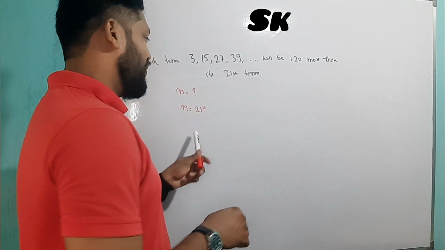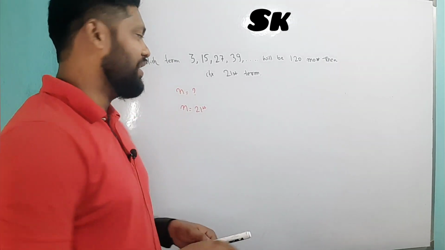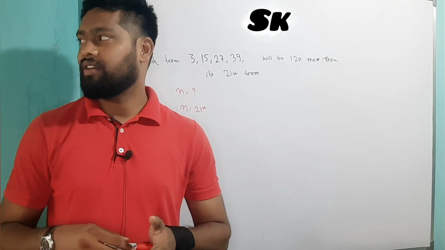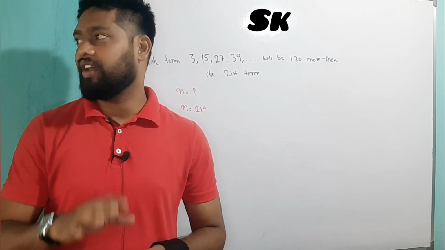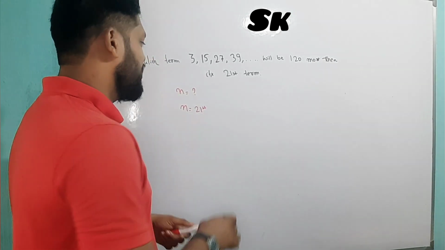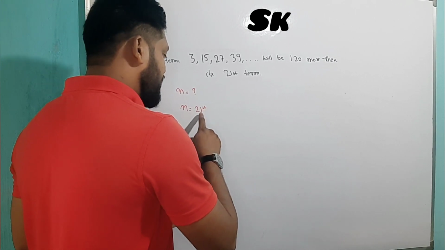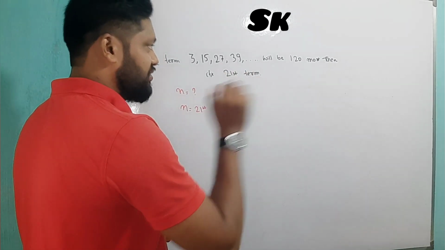But what about this 21st term? What they are saying is that when you solve the question using n as 21, you will get an answer.